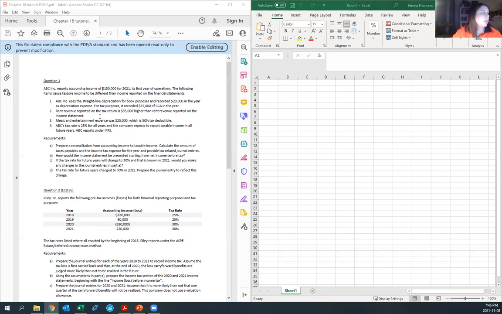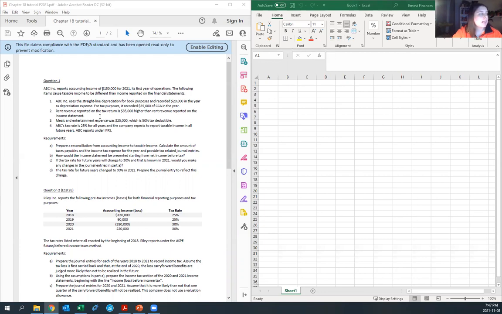So ABC Inc. reports accounting income of $150,000 for 2021, its first year of operations. The following items cause taxable income to be different than income reported on the financial statements. When I'm reading this, I want you to think: is it a temporary difference or a permanent difference?